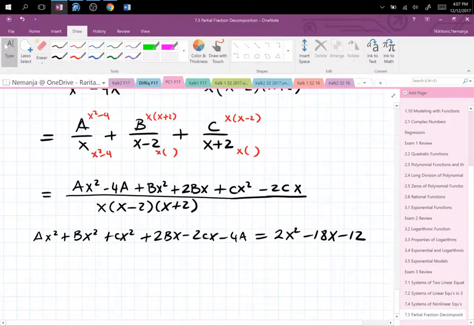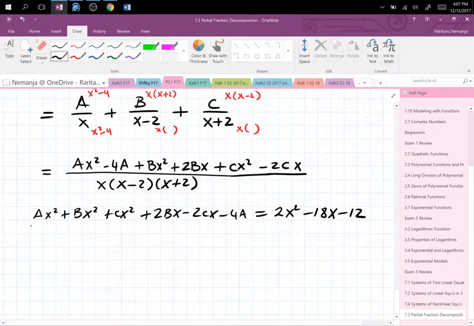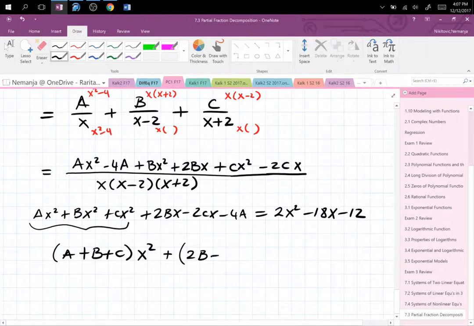Now, first three, a plus b plus c times x squared plus 2b minus 2c times x minus 4a is equal to 2x squared minus 18x minus 12.